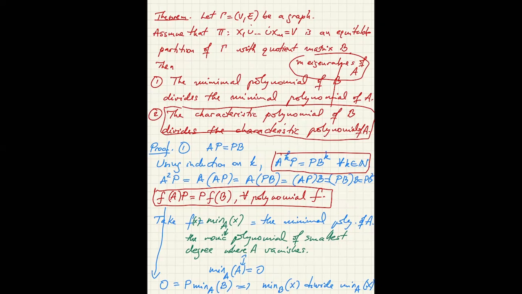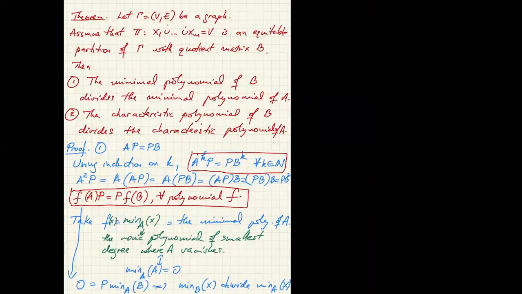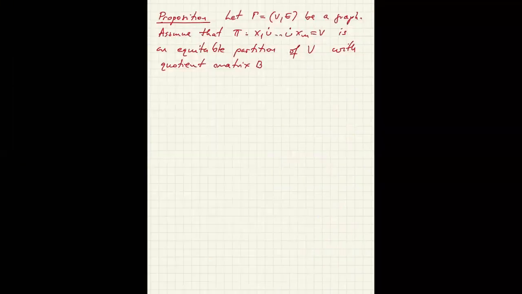Because the spectrum of A contains n eigenvalues. Where are the other eigenvalues of the matrix A? Can we use this equitable partition to get to that? And it turns out we do.